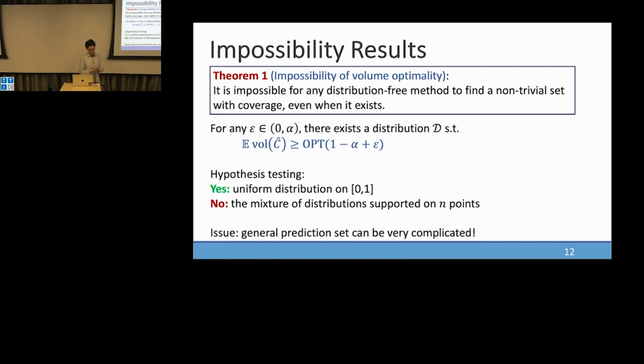One way is you can slightly extend your mixture distributions, not just supported on these endpoints, but slightly increase it, so you have a tiny bit of interval to reduce the collision. Or you can sample much more than your sample size, like n times a large factor, such that you will have very low probability of collision, and you still can bound the distance.